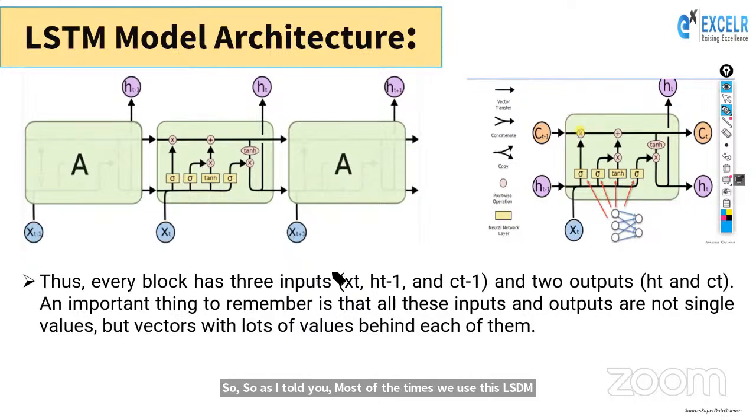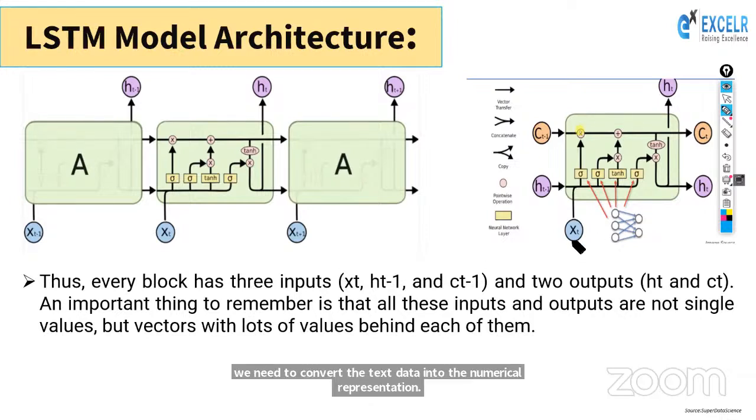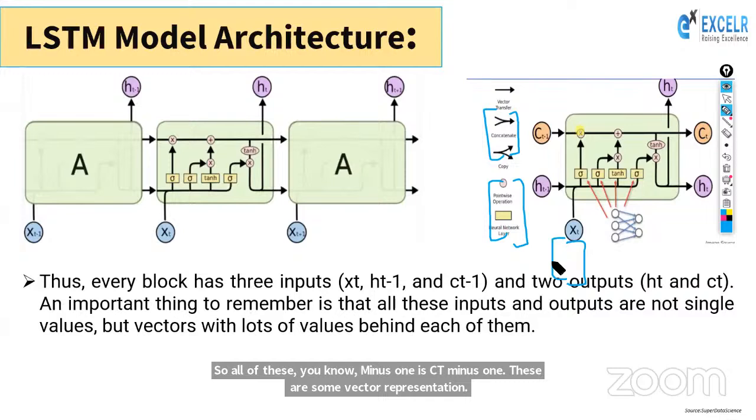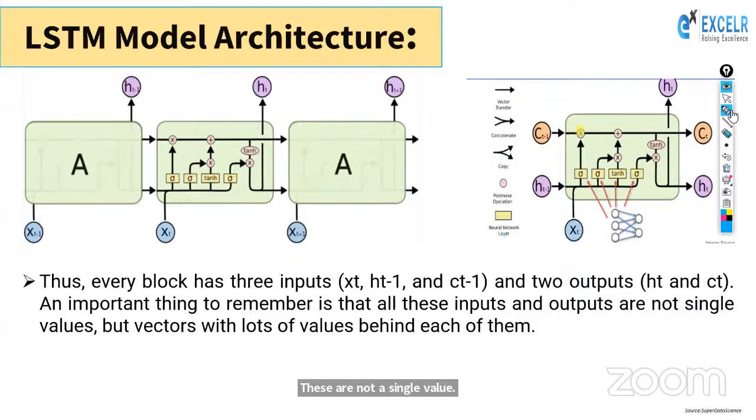When you are processing text data, we need to convert it into a numerical representation, like vectorization. So x of t, h of t minus 1, c of t minus 1 are all vector representations of the input data, not single values.